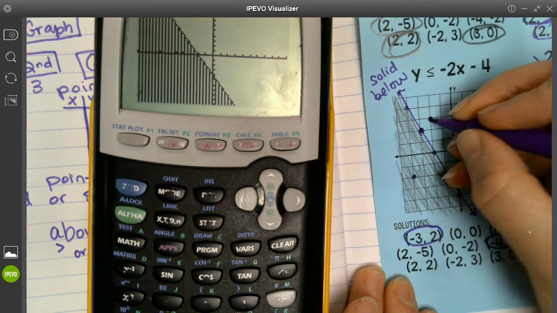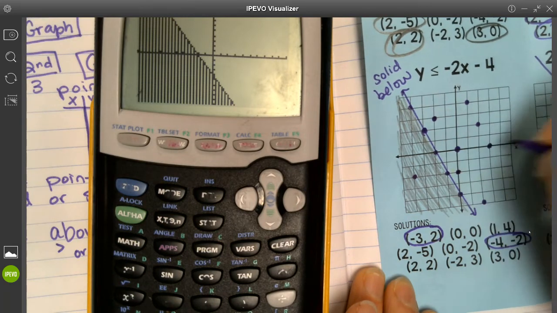Negative 2, positive 3, it's not included. And then 3, 0 is not included. So it was only 2 on that one.